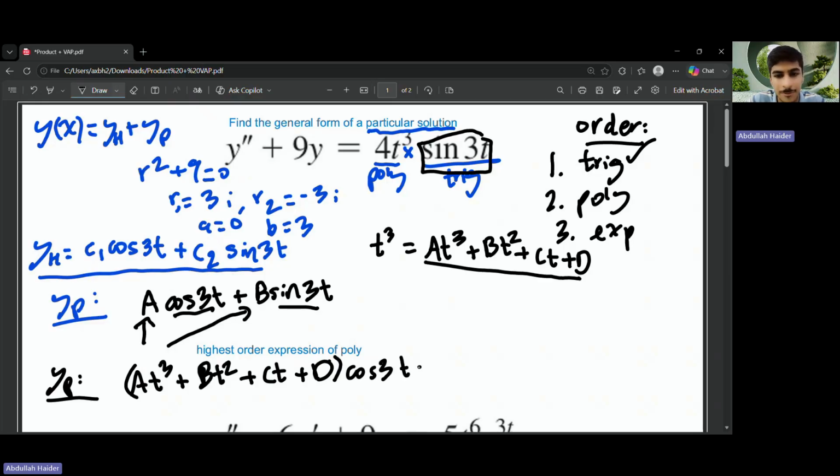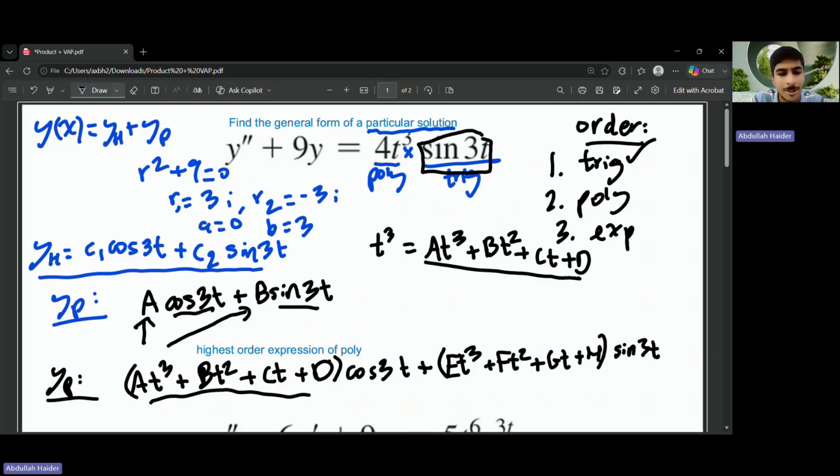And then we have to put new variables for the polynomial in the place of B, because we have to maintain linear independence. We cannot have At cube, we cannot have this expression again on the second term. So what we'll do is plus Et cube plus Ft squared plus Gt plus H, this multiplied by sine 3t.